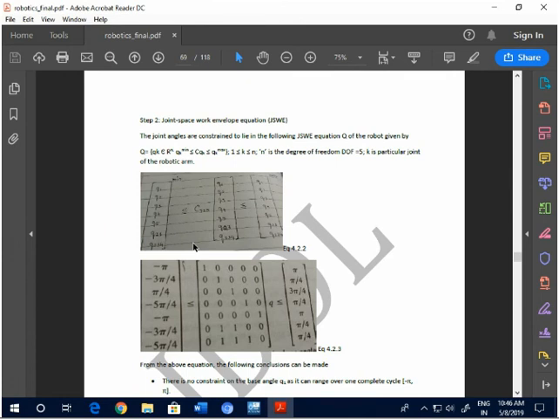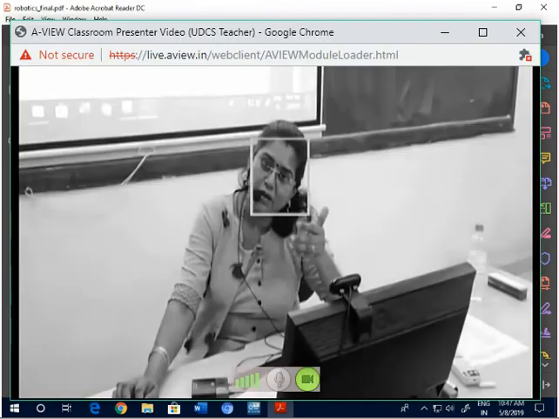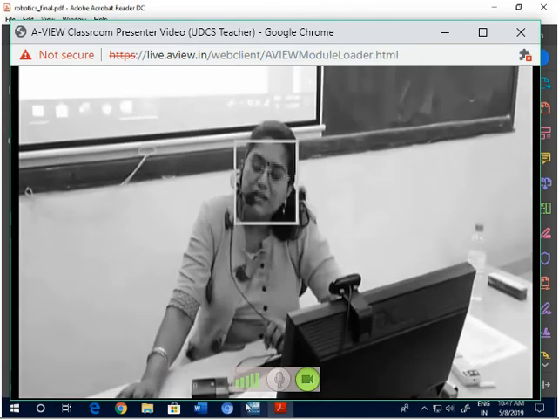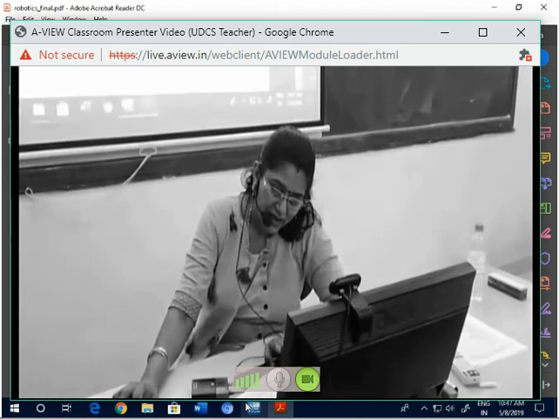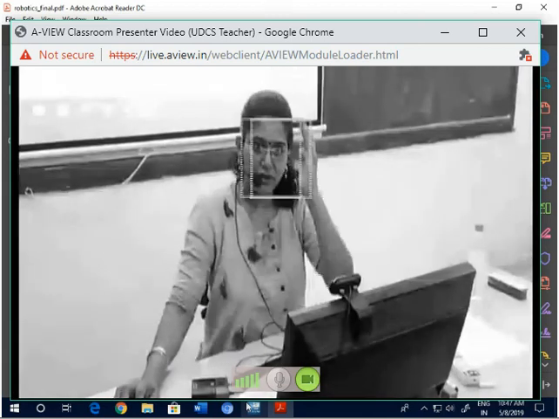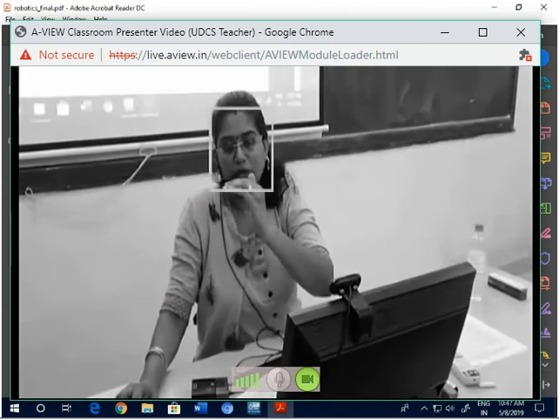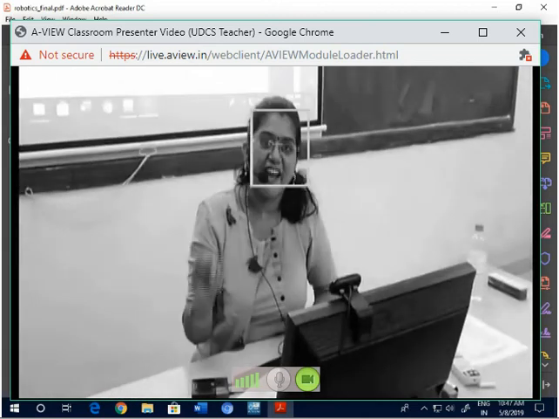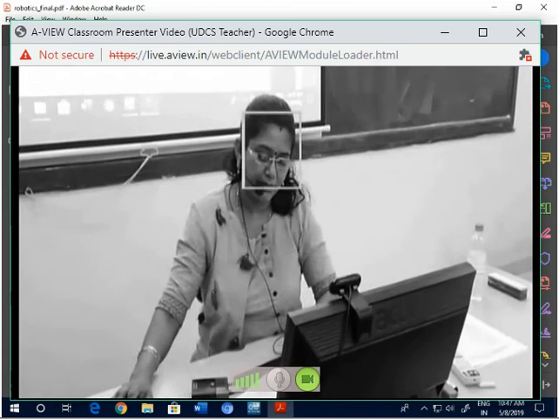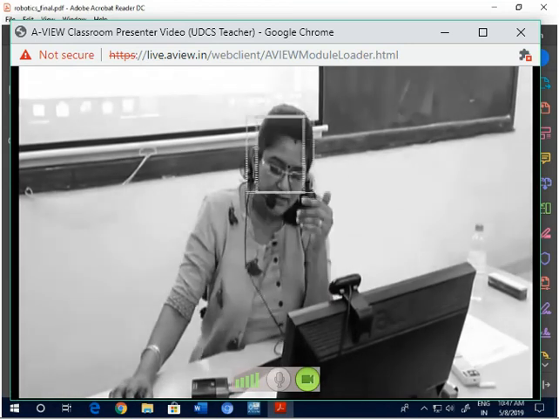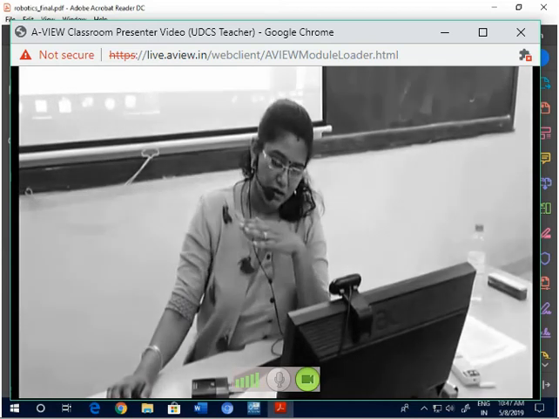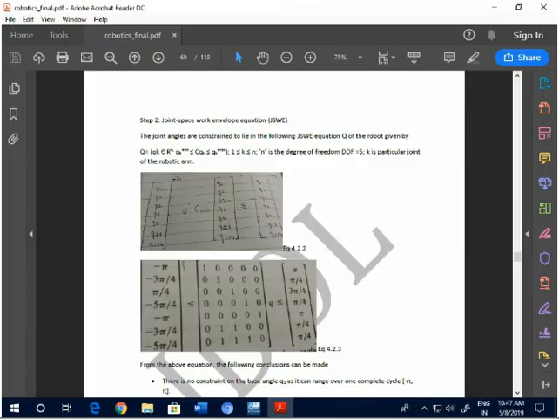Because Q2,3 is the global elbow angle, and Q2,3,4 is the global total pitch angle. Now, when it is horizontal, it will be 0. When it is vertical, it will be minus pi by 2.